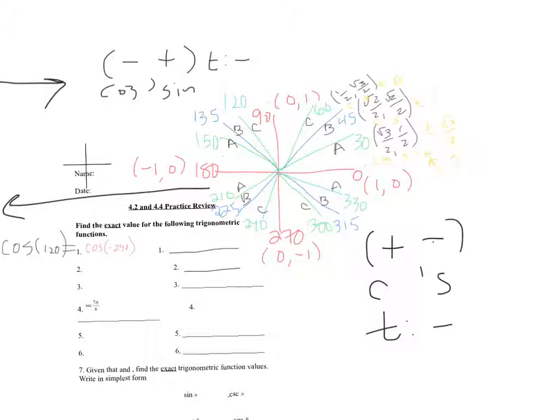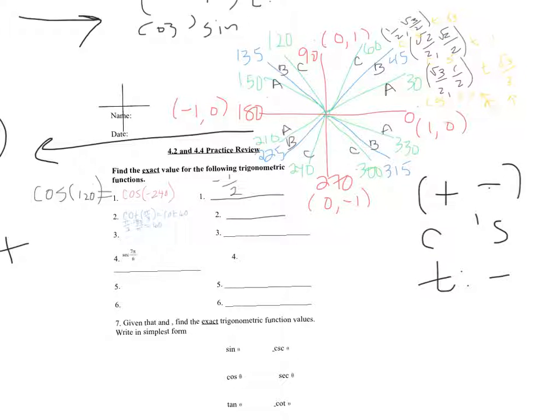I look at C. And if I'm looking for cos, cos is on the left. So cos is 1/2. But then we go back to 120 degrees and we have to say, is our answer 1/2 going to be positive or negative? And in quadrant 2, cos is negative, so I'd have to say negative 1/2. So my answer is negative 1/2.